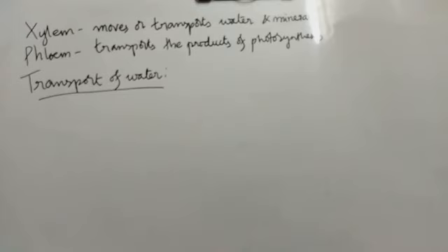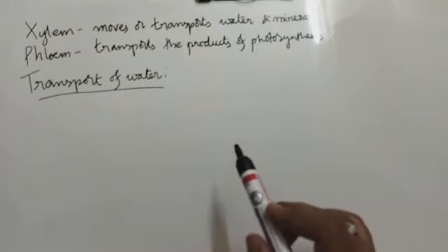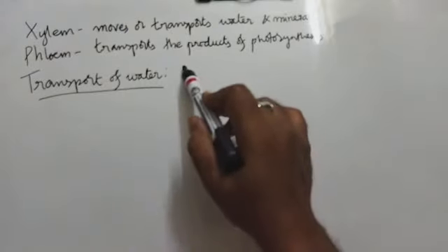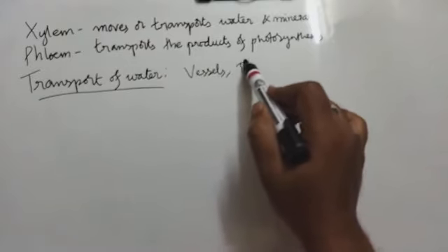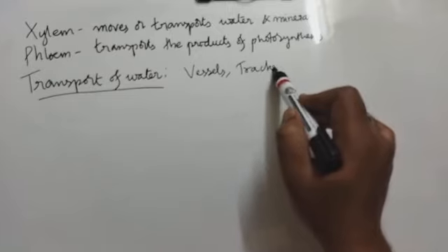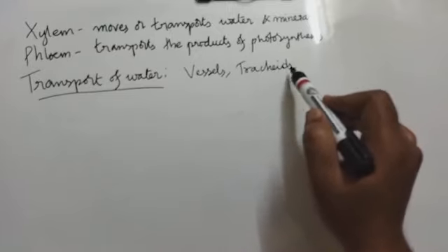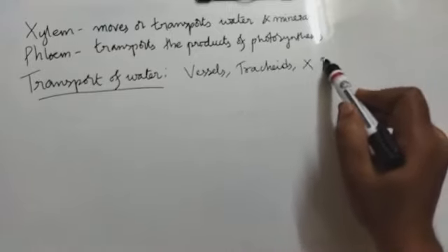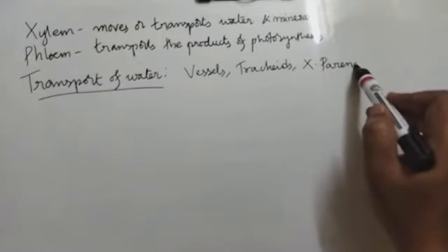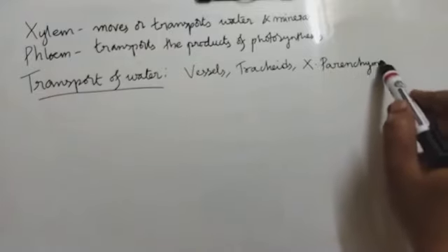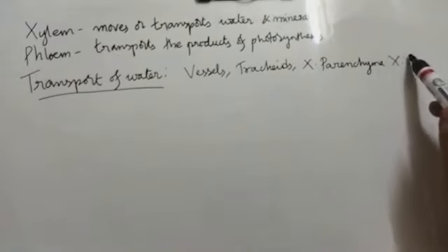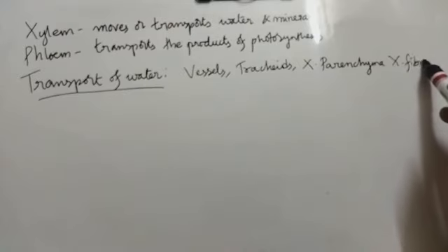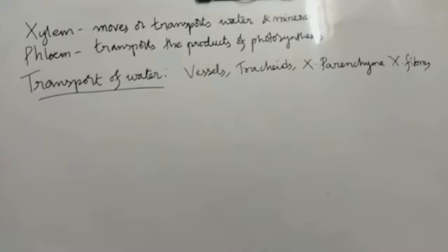What are the 4 components of xylem? Vessels, tracheids, xylem parenchyma and xylem fibers. Right? These are the 4 components of xylem.